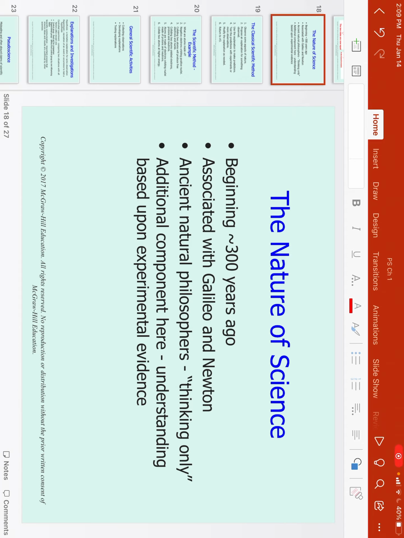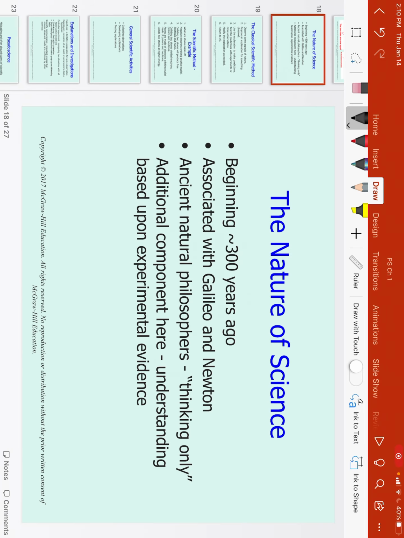There is a little bit of a historical section to this chapter that tells you about the nature of science, and how there were different scientists like Galileo and Newton who had different ways of thinking.